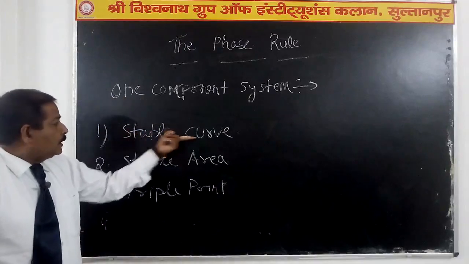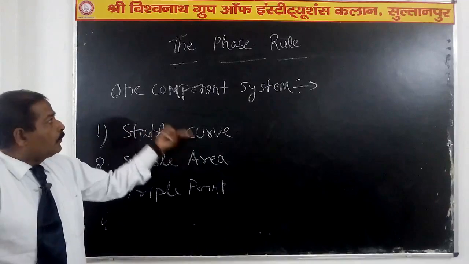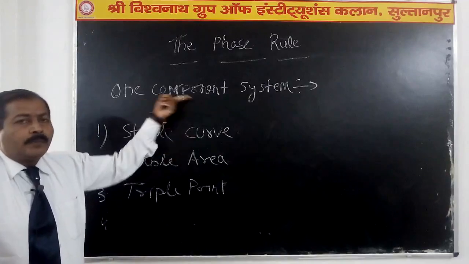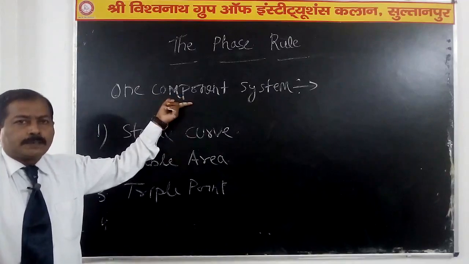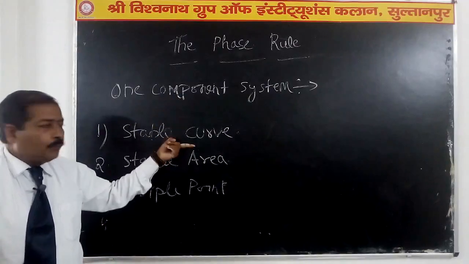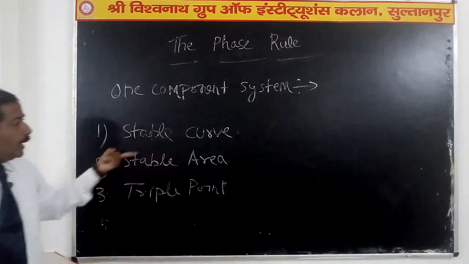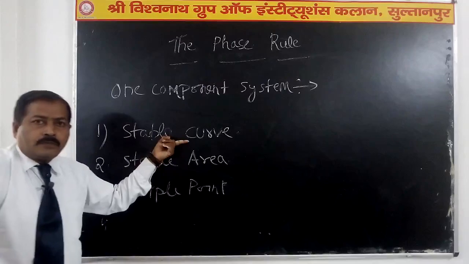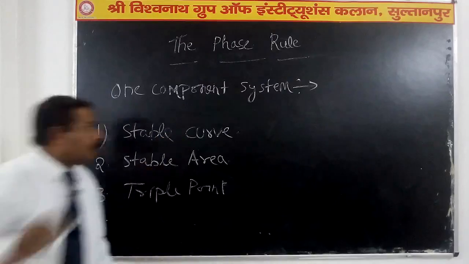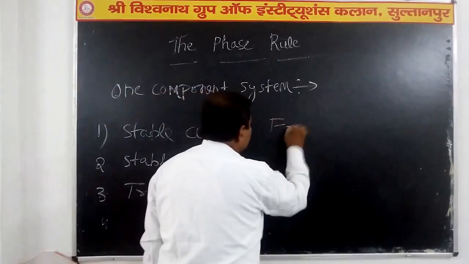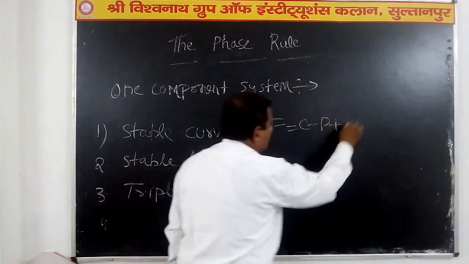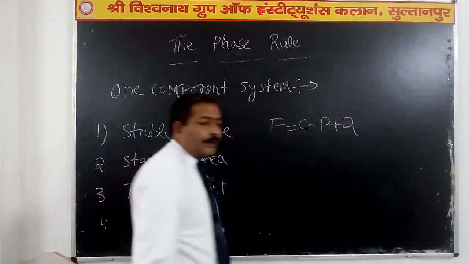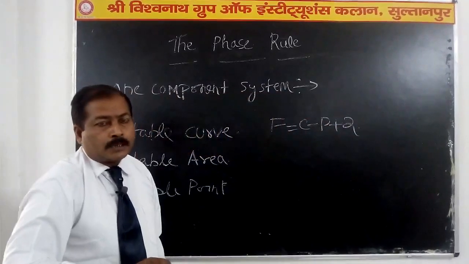The stable curve of a one component system always has two phases, and with the help of the Gibbs phase rule formula, that is F equal to C minus P plus 2, we can calculate the degree of freedom of the one component system.